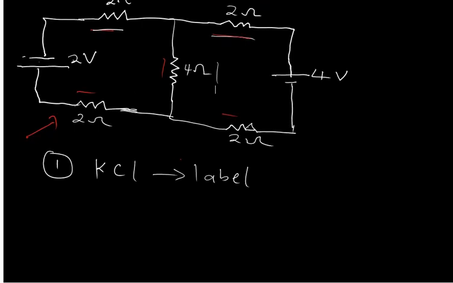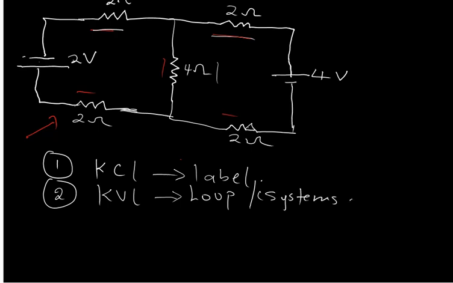Then step two is apply KVL for each loop, so that you'll be able to create systems of equations. Because in applying Kirchhoff's law in circuit analysis, you are going to be looking for many variables.